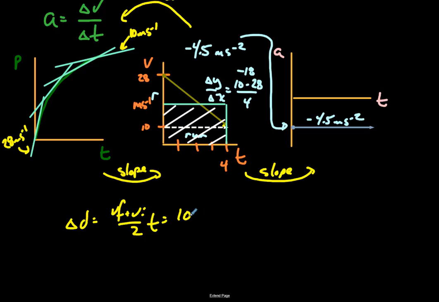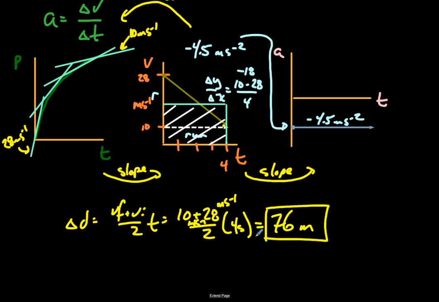That's 10 plus 28 divided by 2 times 4 seconds. We should put units in here. Meters per second times seconds, the seconds cancel off, and we get 76 meters. Perfect. So the area under here is 76 meters.